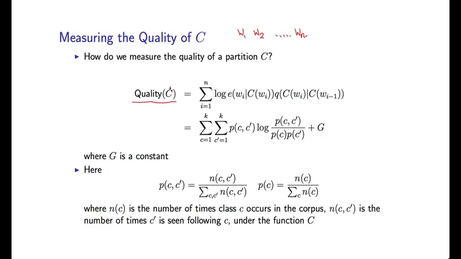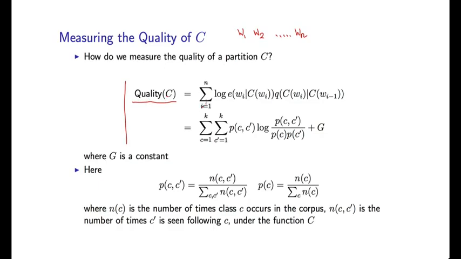This is nothing more than the log likelihood of the data, as we'll see in a moment. So this function, quality, is going to drive the algorithm that actually picks a partition C. We'll see soon how we can attempt to maximize this quality, but for now I want to describe the actual definition of this term.